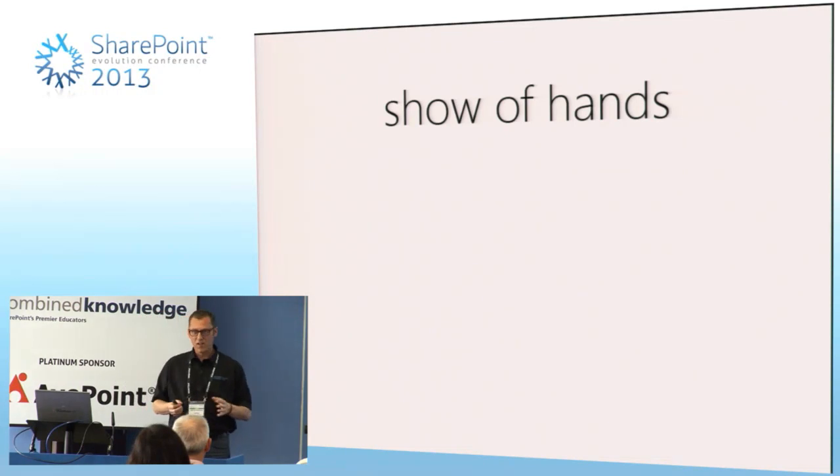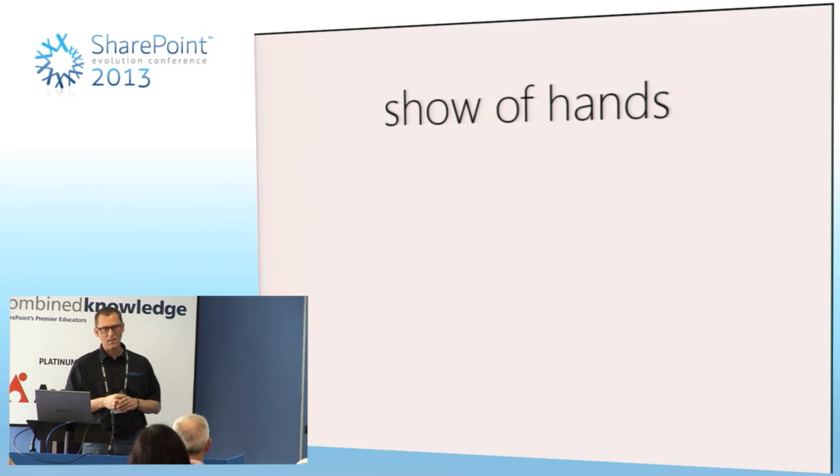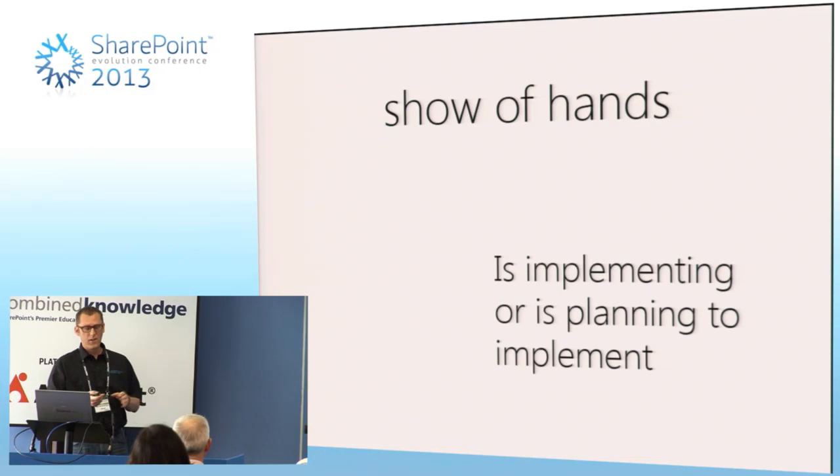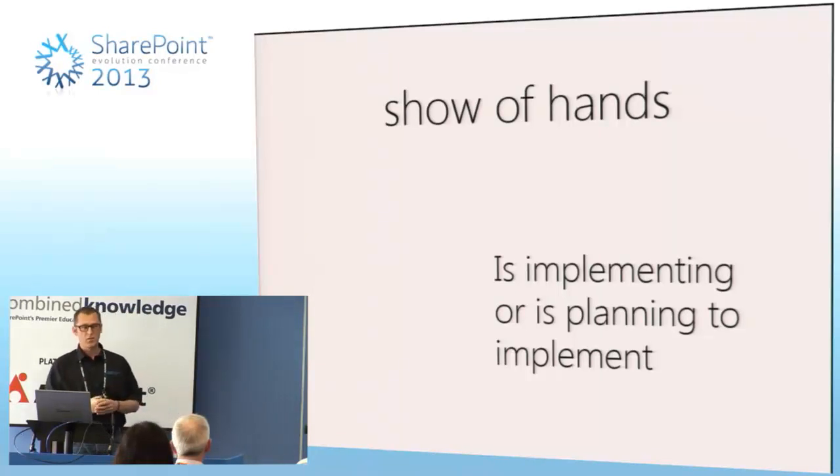I also learned during this week and in other conferences that any good presentation needs a show of hands at least once. Or at least that's what other presenters think. So I'd like to get a show of hands, so we can get some idea of who is implementing or planning to implement any social related features in their environment.